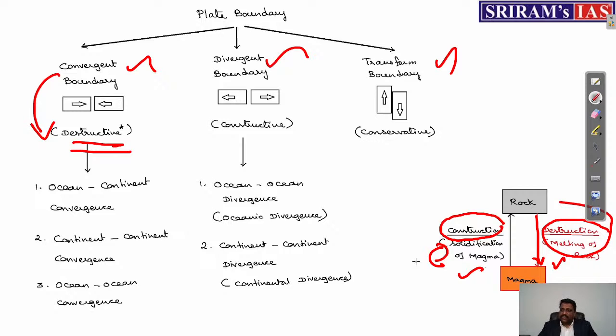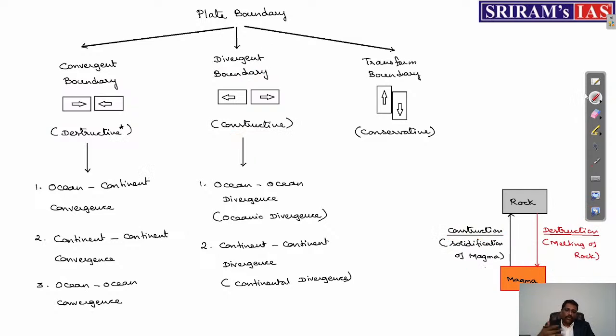Wherever the solidification of magma takes place, my dear friends, that boundary we call a constructive boundary. So the divergent boundary, we call a constructive boundary, where solidification takes place and new crust will be formed. The convergent boundary is the place where old crust will be destroyed, and the divergent boundary is the place where new crust will be formed.